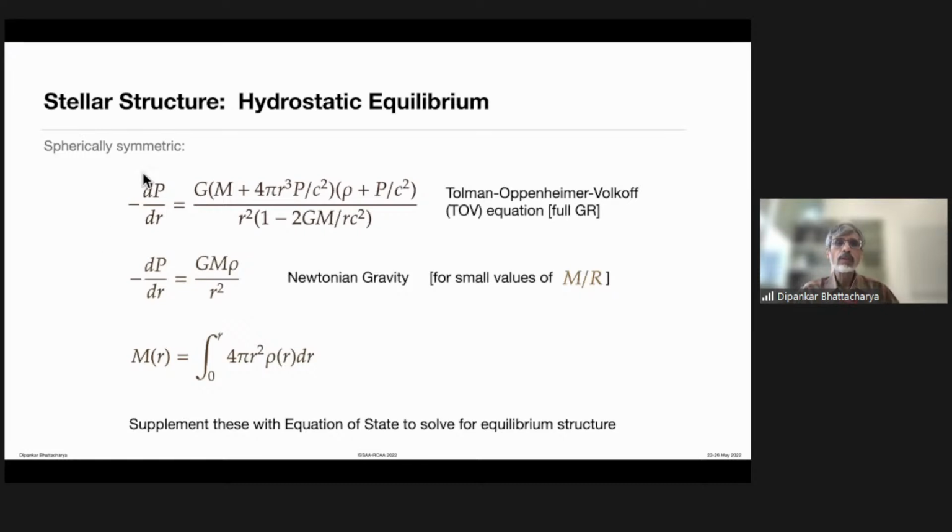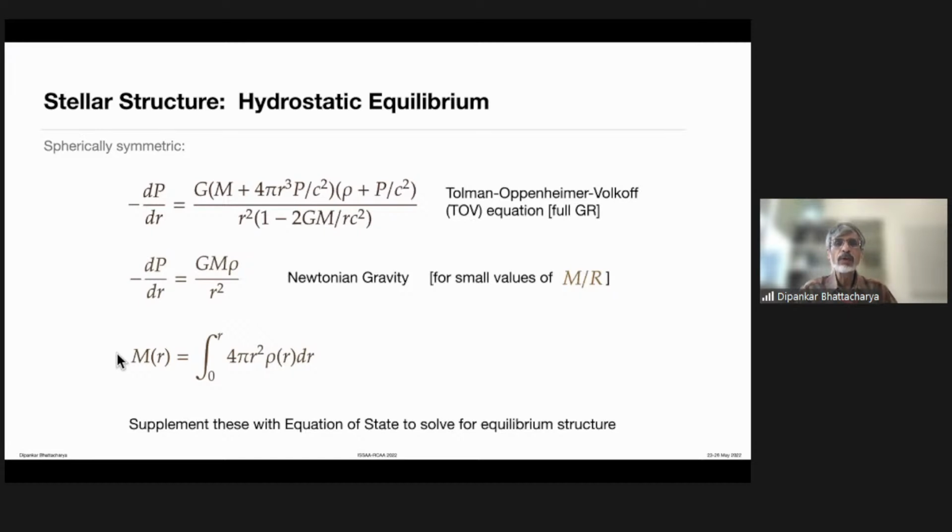So in the spherically symmetric case, this is the equation we just derived in the previous slide. And we also define m of r to be this. But truly speaking, Newtonian gravity, which we have used to derive this, is an approximation.